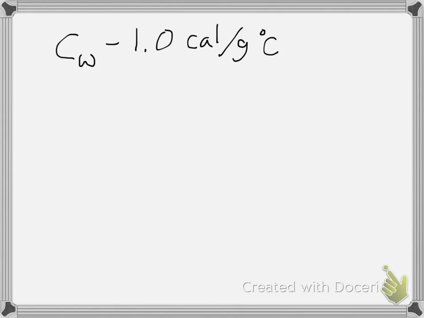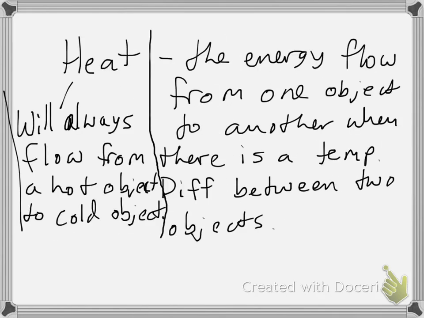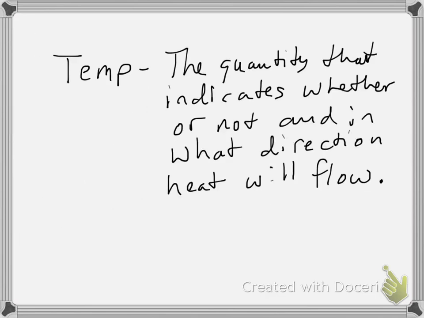Right? And by the way, I should have mentioned that before, the calorie is the unit of heat. We use the calorie as the unit of heat. Okay, it's related to the joule. It's still a value of energy, but for historical reasons, we keep the unit of calorie around.